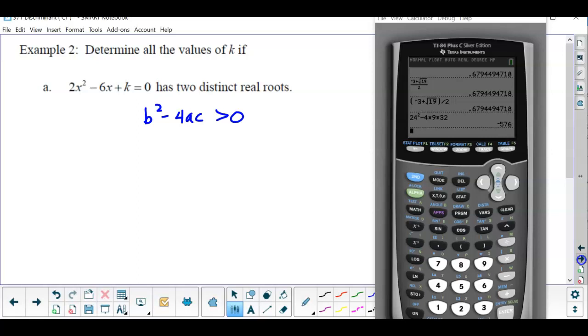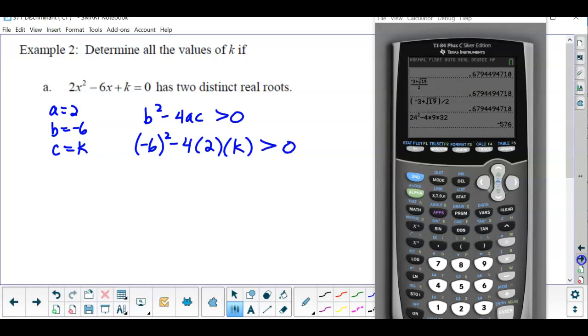This is already simplified. So a is 2, b is negative 6, c is k, and we substitute that in. And you want to solve for k.